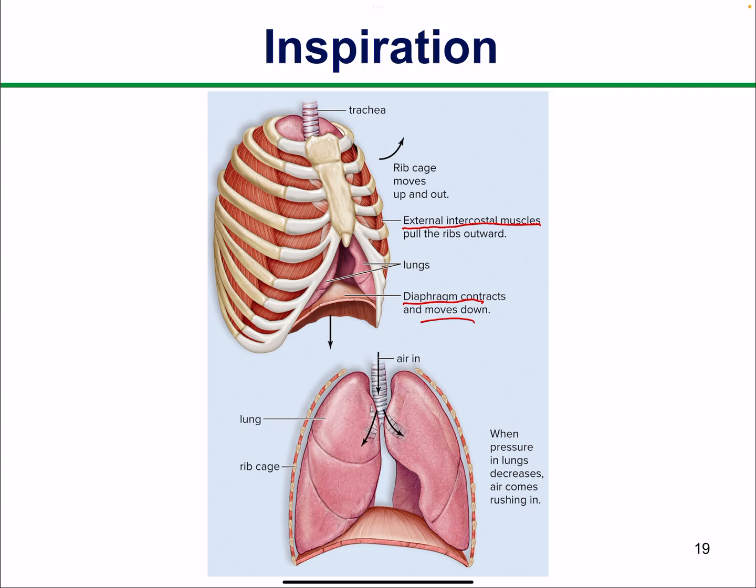That movement of the rib cage outward is going to actually cause a depression inside of the lungs. The drop of pressure in the lungs is going to call for air inside the lungs, so that air is going to move in.